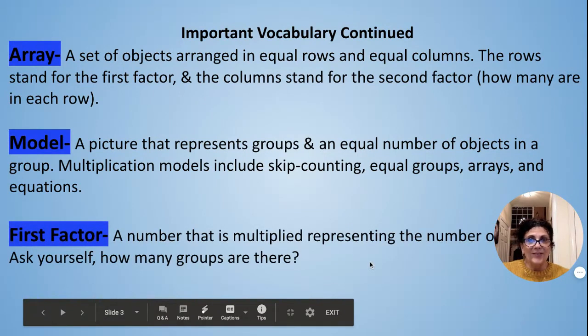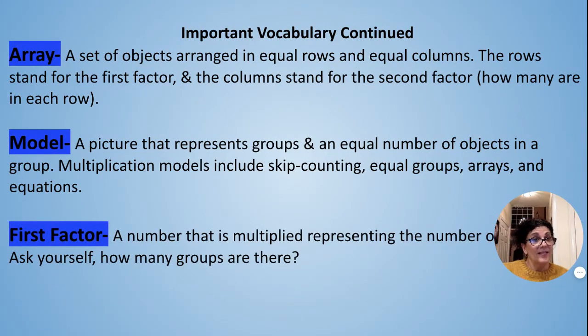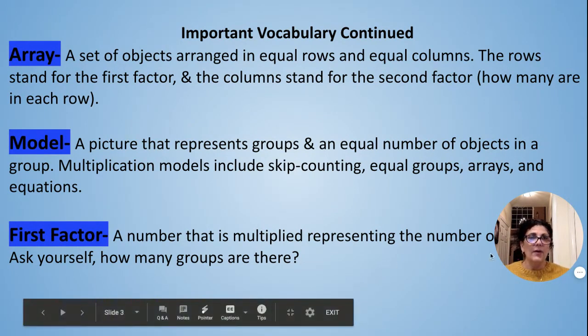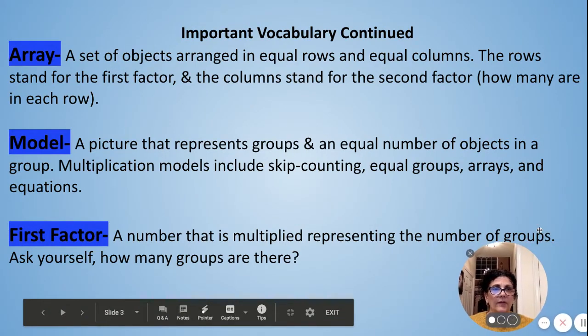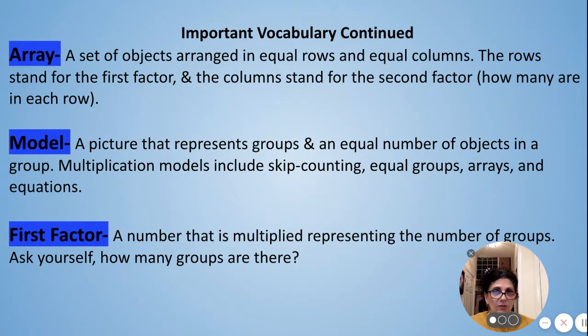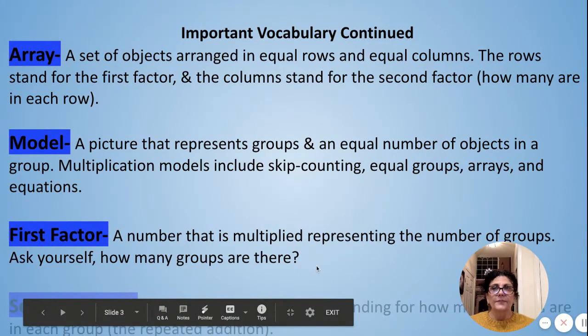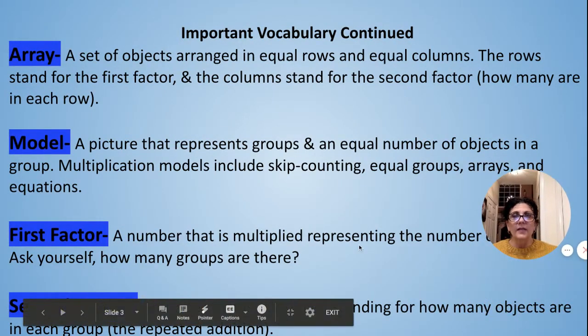The first factor is multiplied representing the number of groups. You can ask yourself, how many groups are there? And then the second factor is really hidden, and that is the number of items that are in a group.